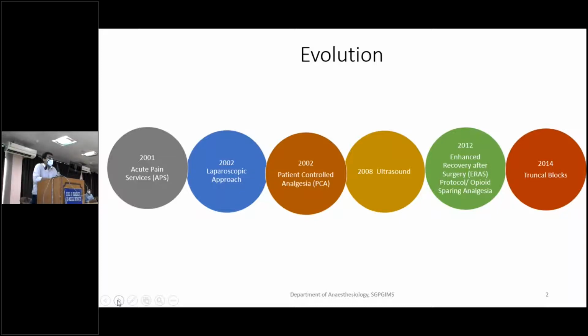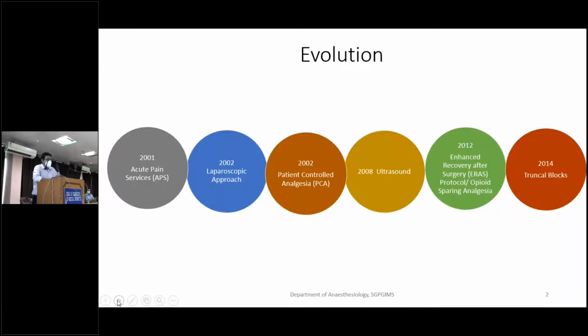In 2012, the era of ERAS was born. ERAS stands for Enhanced Recovery After Surgery protocol. In the ERAS protocol, there is stress on two things in the post-operative period: early ambulation of the patient and early resumption of oral feeds. Both of these depend on good post-operative analgesia.